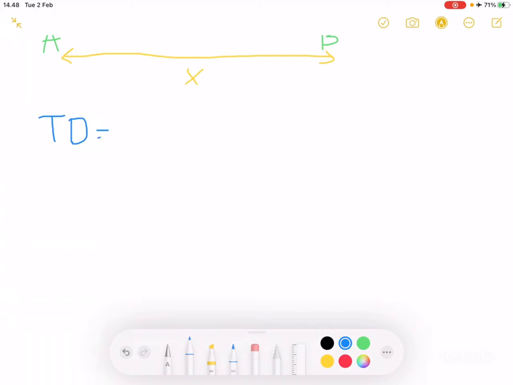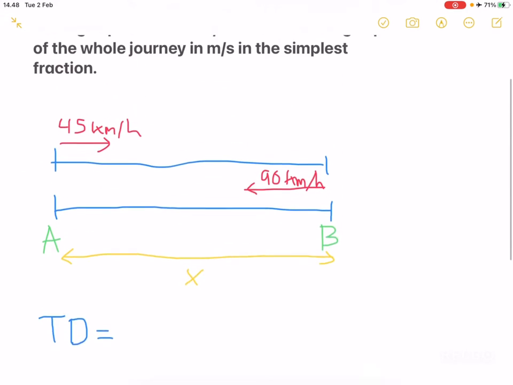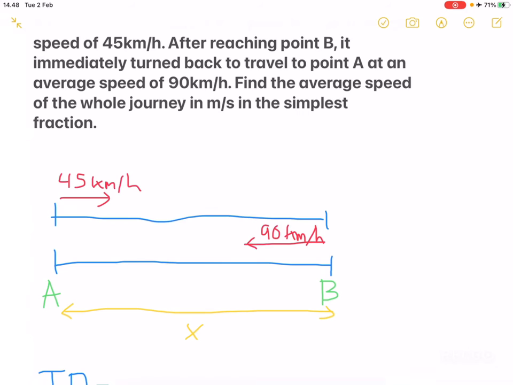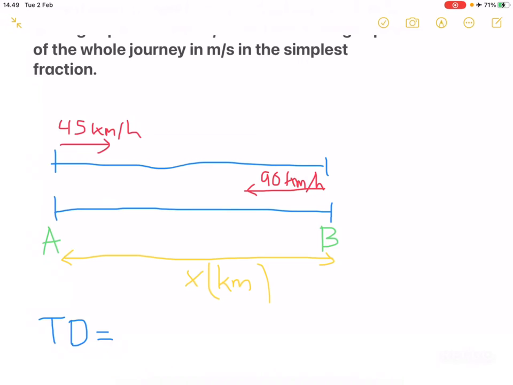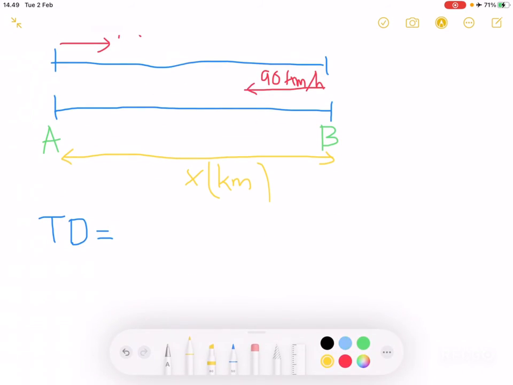So the total distance, notice that the car traveled twice, because it travels from A to B. That means it travels x kilometers, and I should have put x in kilometers. And then it travels from B back to A. So it travels twice the distance between A and B, which means the total distance is 2x. And remember, x is in kilometers.